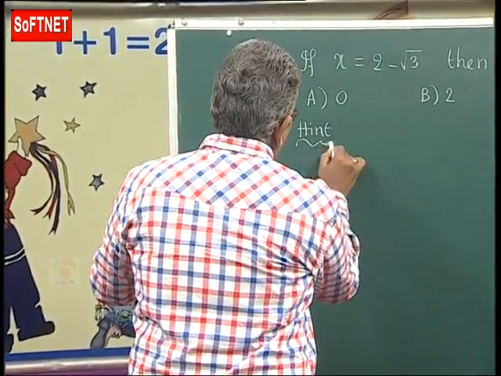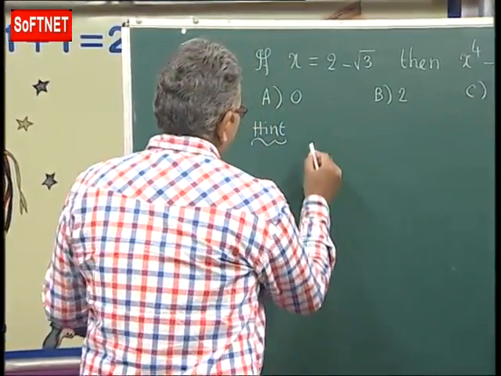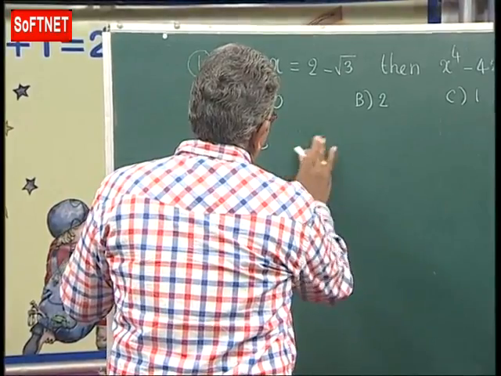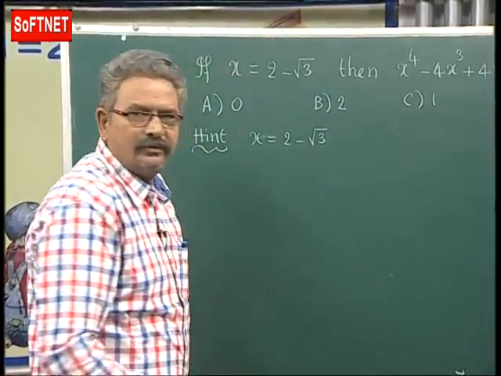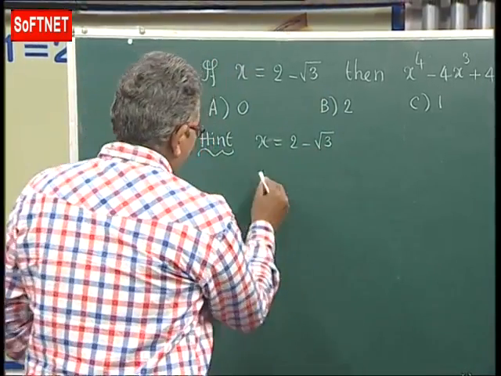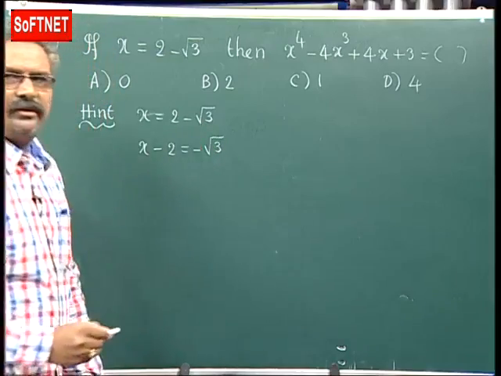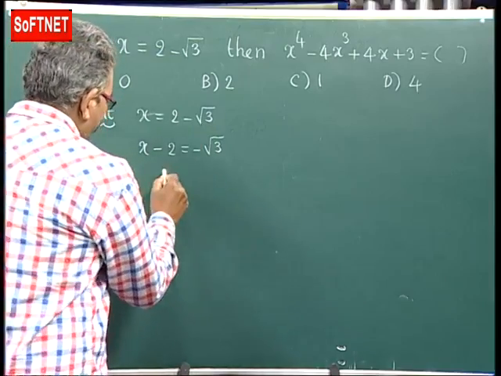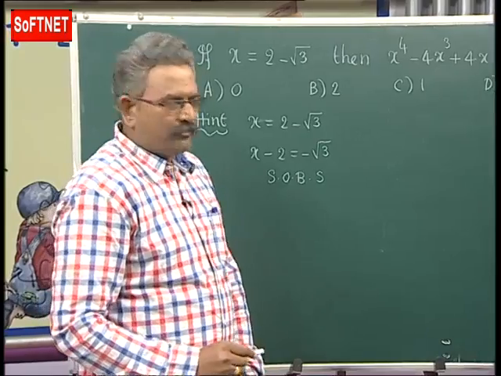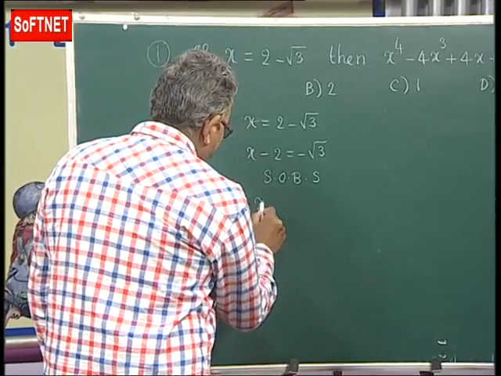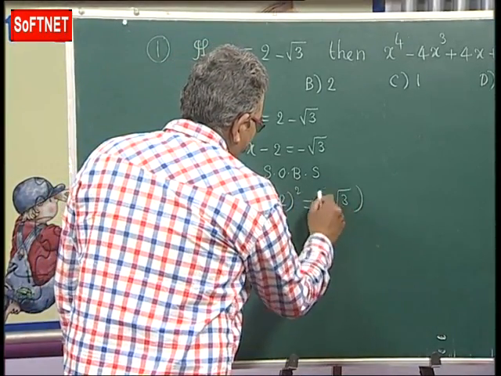So first let us frame a quadratic equation using x is equal to 2 minus root 3, it is given. Bring 2 this side: x minus 2 is equal to minus root 3. Squaring on both sides, we get x minus 2 whole square equals minus root 3 square.